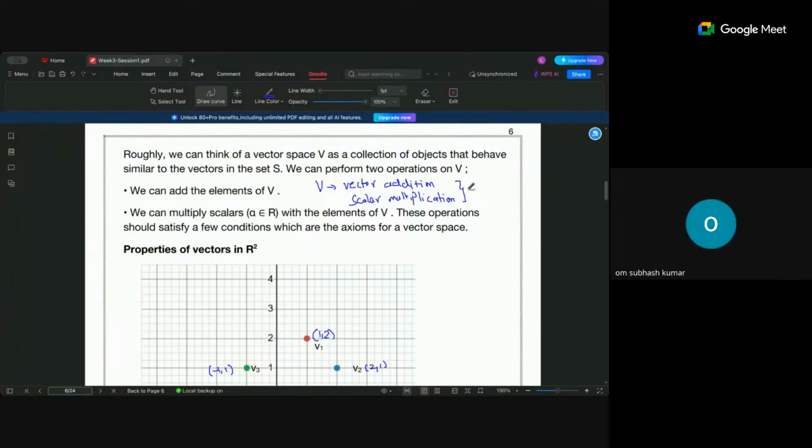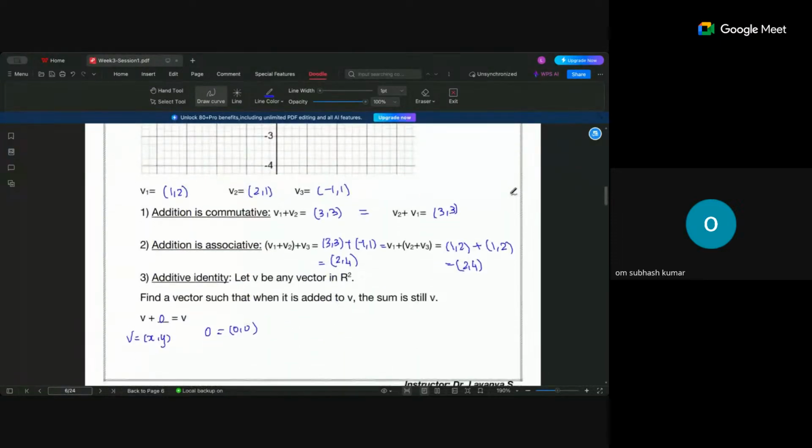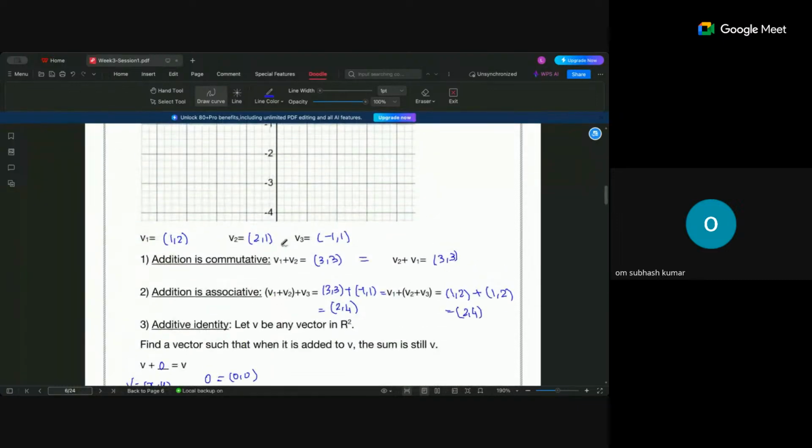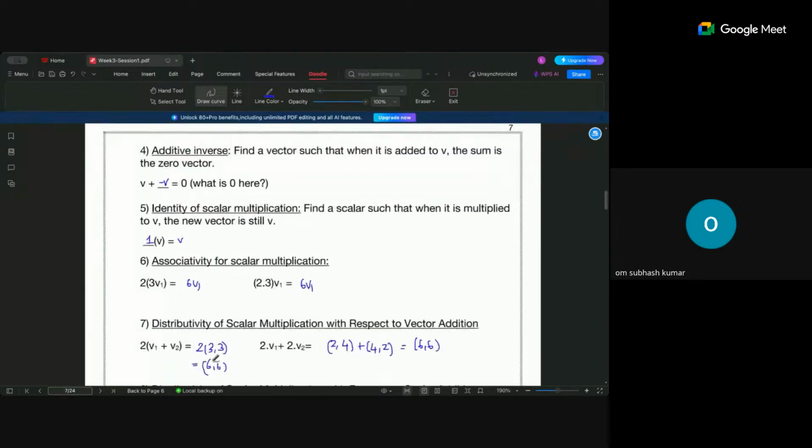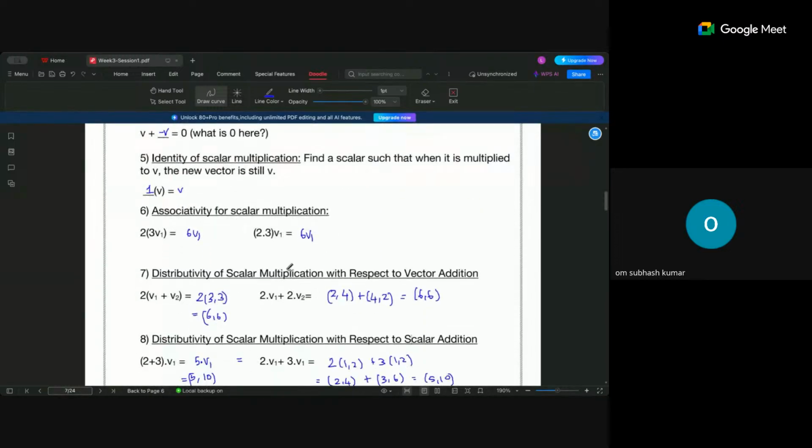And we know that for R2, the operation is closed. If you add, it will still be in R2. If you scalar multiply, it will still be in R2. So they are closed. And then we just saw with some examples, and you can also prove generally, that all these properties are true for any vector in R2. All these 8 properties are called axioms.